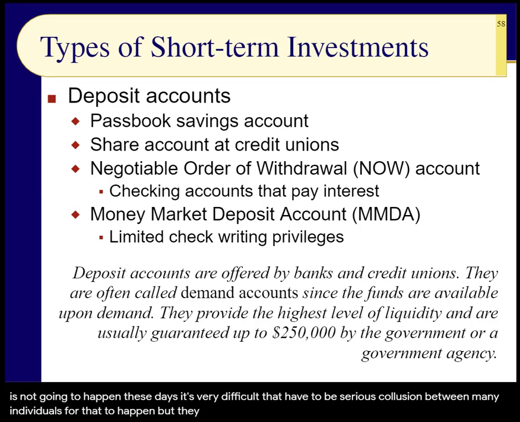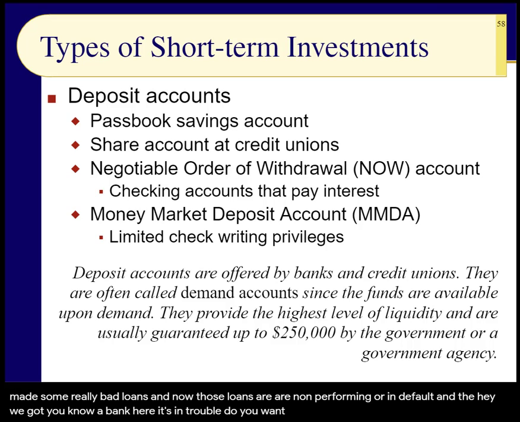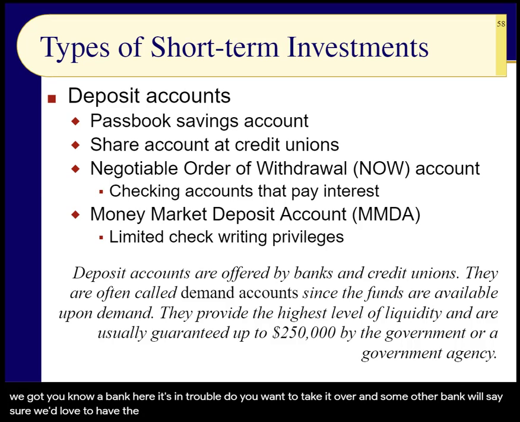But the feds will swoop in, and what usually happens is the bank just made some really bad loans, and now those loans are non-performing or in default, and the feds will say to other banks, hey, we've got a bank here that's in trouble. Do you want to take it over? And some other bank will say, sure, we'd love to have their deposits and their branches and the like. And that's how it works.